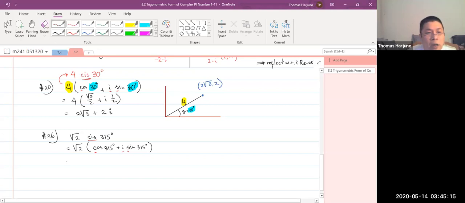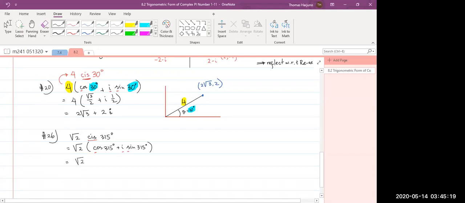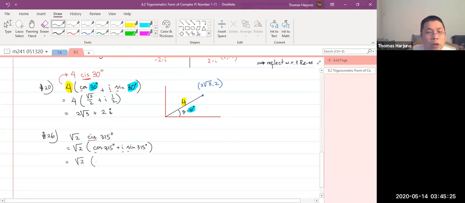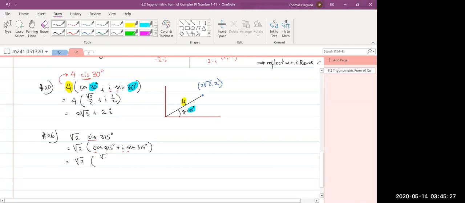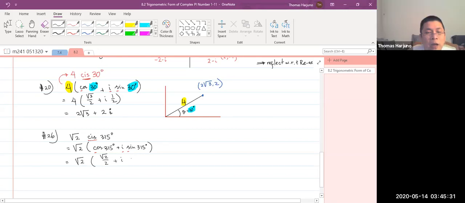Now then, I will compute. What is cosine 315 degrees? Square root 2 over 2. Plus I times what is sine 315 degrees?